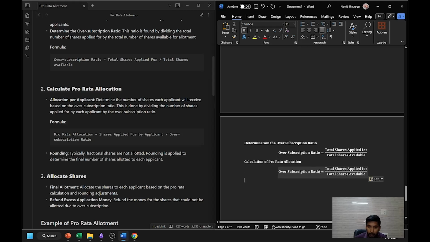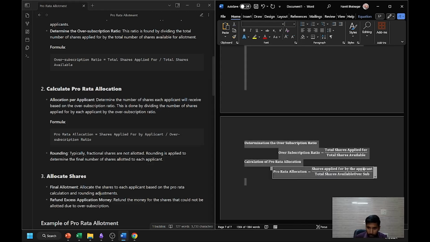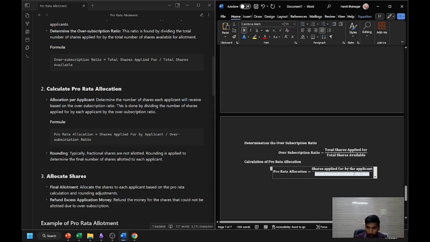Pro rata allocation equals shares applied for by the applicant divided by the oversubscription ratio.